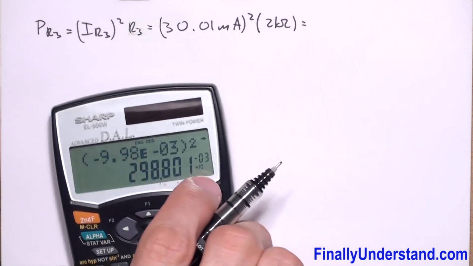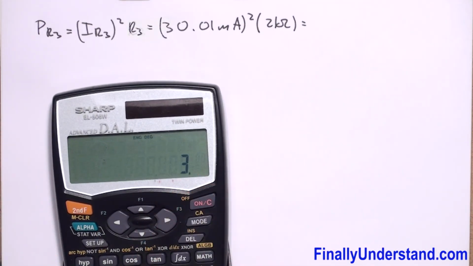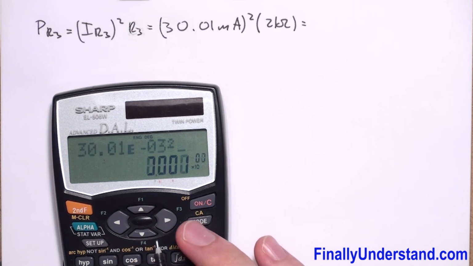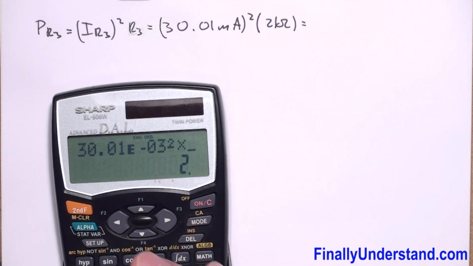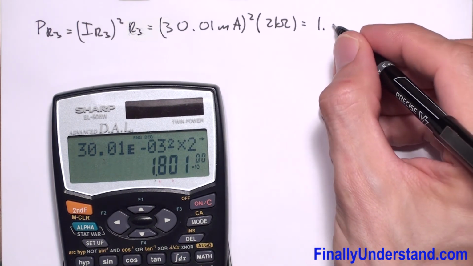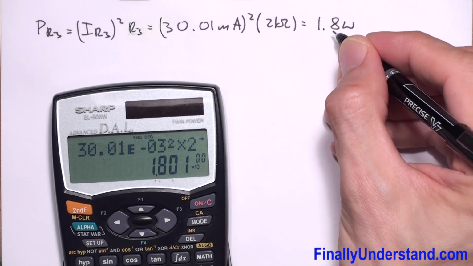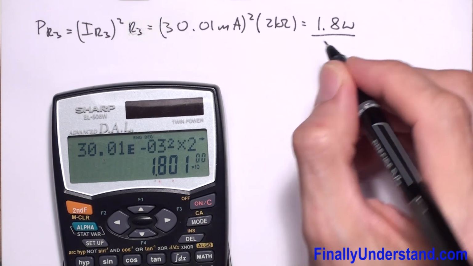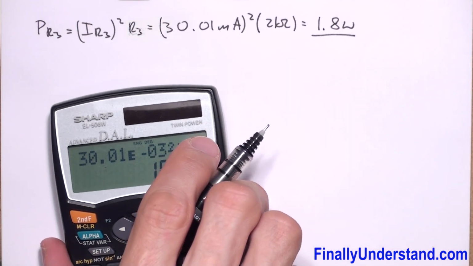This is going to be equal 30.01 exponent 3 negative to the second power times 2 exponent 3 is equal 1.8 watts. So this is my power PR3.